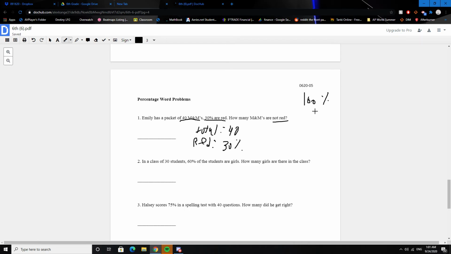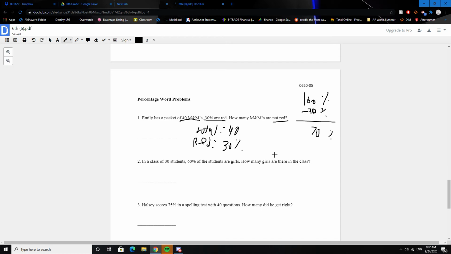So if 30% is red and everything else is not red, you can subtract to eliminate the red portion, and 70% would be not red.